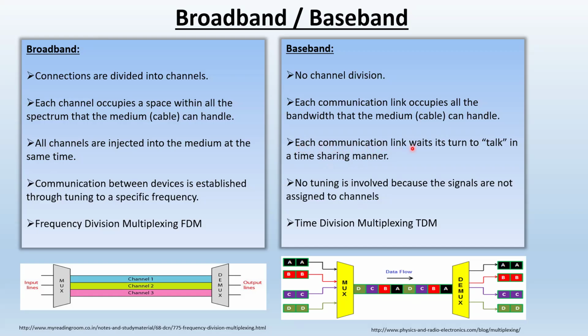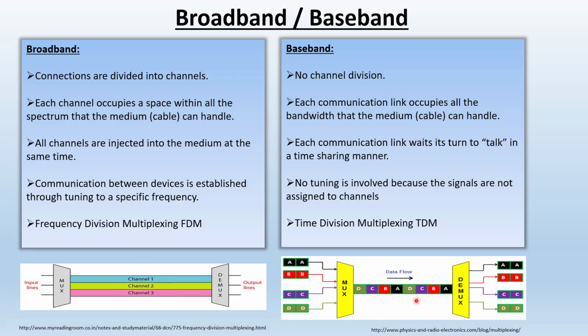Each communication link waits its turn to talk in a time-sharing manner. Each communication link occupies all the bandwidth of the medium that it can handle, which means the cable doesn't have to have as huge of a bandwidth for this type of communication, as for the broadband communication. Because all the channels have to be fitted right in there.